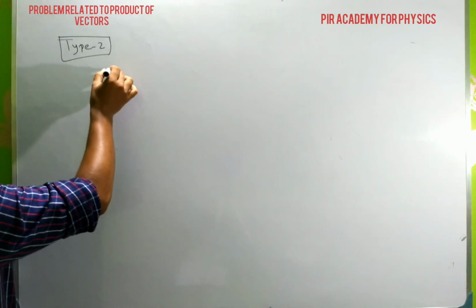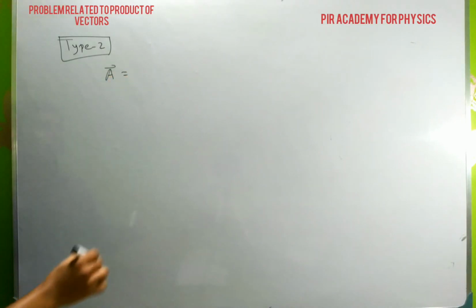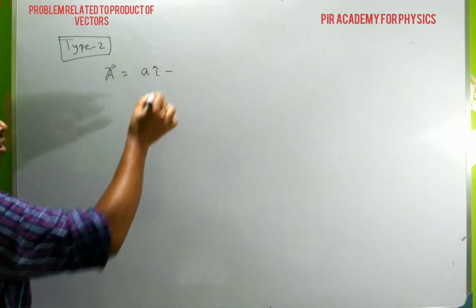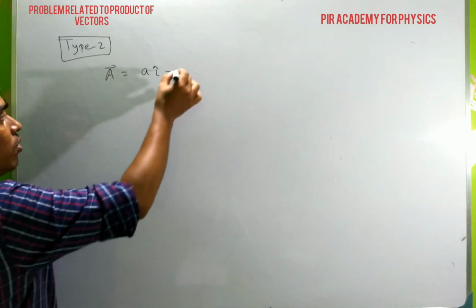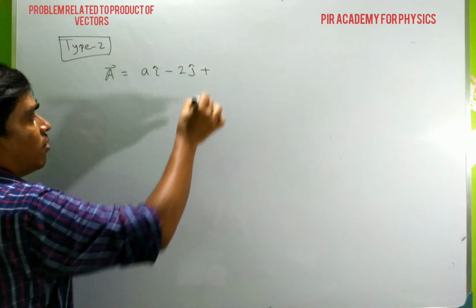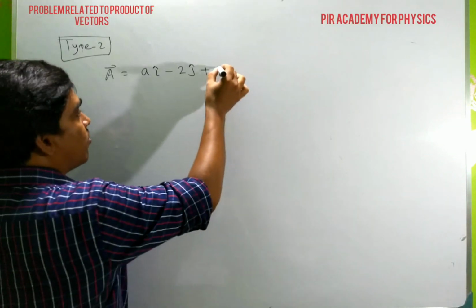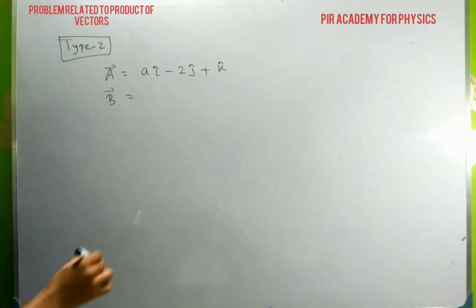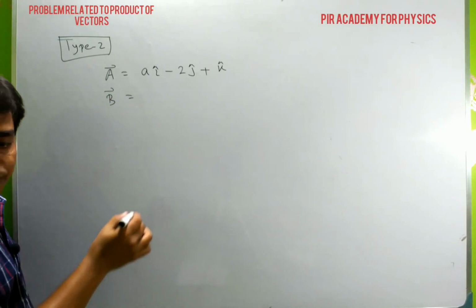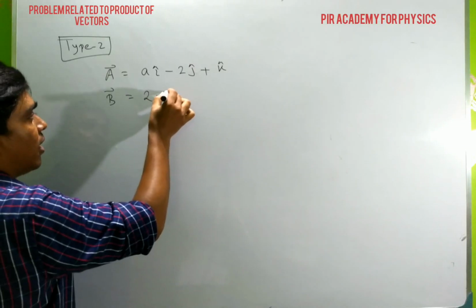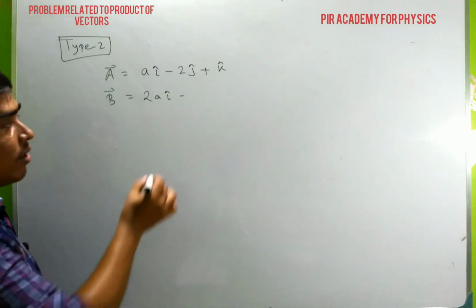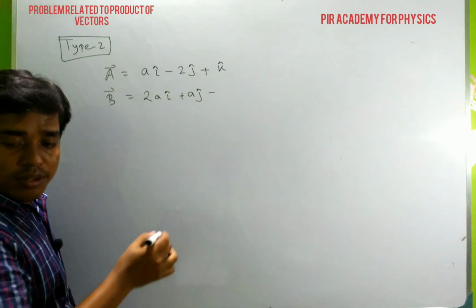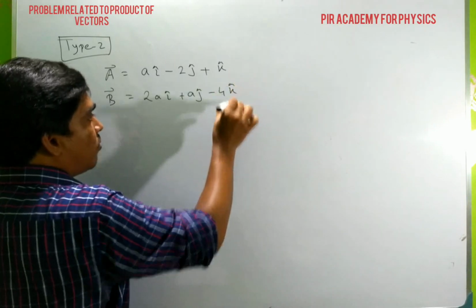A vector equals a i cap minus 2j cap plus k cap, and B vector equals 2a i cap plus a j cap minus 4k cap.